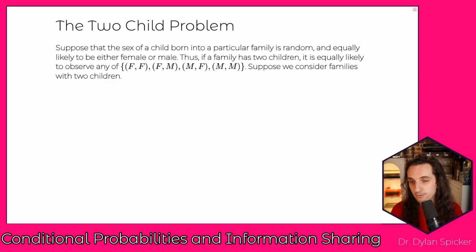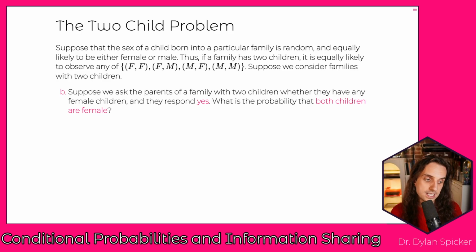Now let's look at a related question, but let's see if there's anything different about it. Suppose that we ask the parents of the family with the 2 children whether they have any female children, and they respond yes. Now what is the probability that both children are female? Once again, we can either think about doing this by sample space reduction, or through direct calculation. I'll write down the sample space reduction case here. What is the information we know?